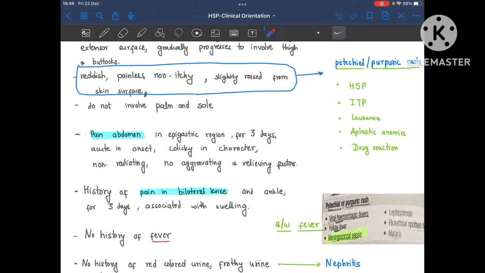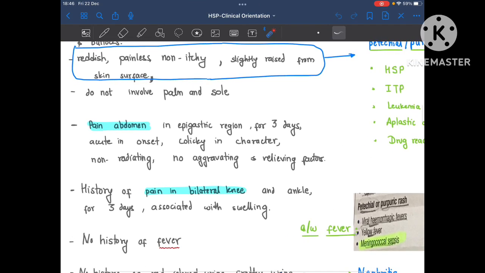Now there is another complaint, pain abdomen. Why is pain abdomen important in this condition? We know that Henoch Schonlein purpura is a small vessel vasculitis, that is, it causes inflammation of the blood vessel wall.